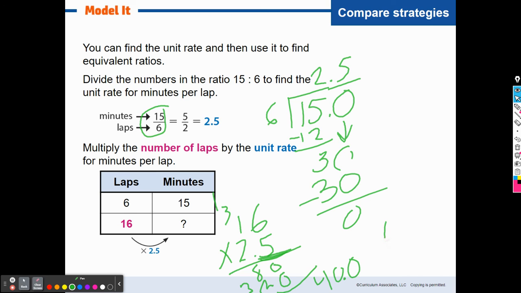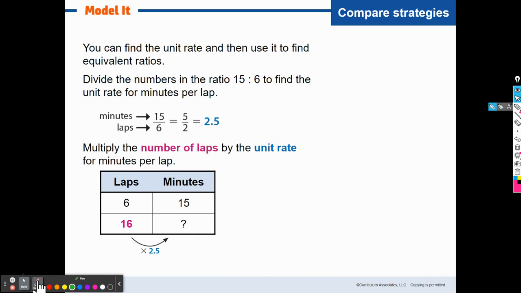So we have 40 minutes to swim 16 laps. All right, so we get our answer there as well. So 2 different strategies. You have them both there as a reference when looking at problems coming up.